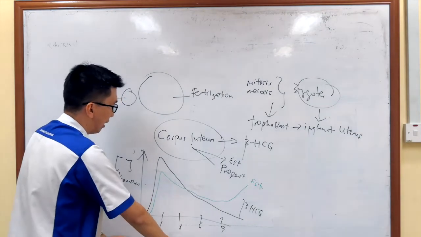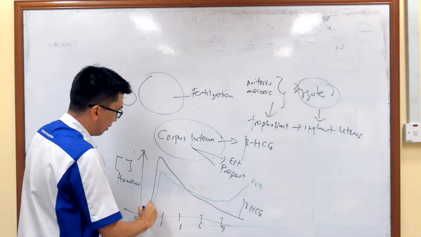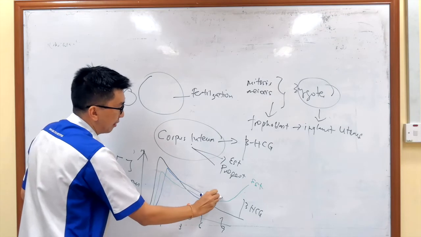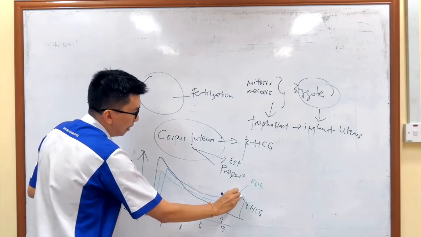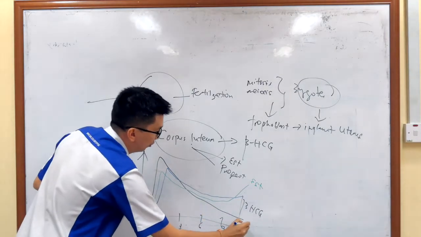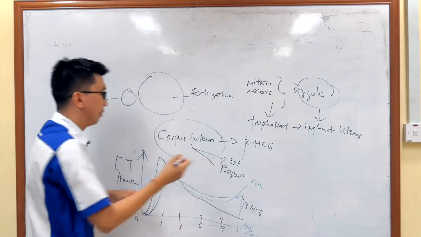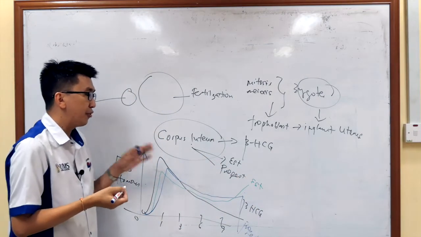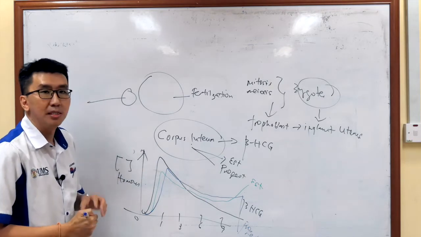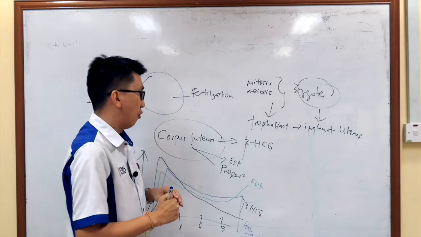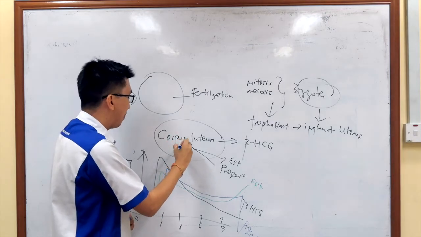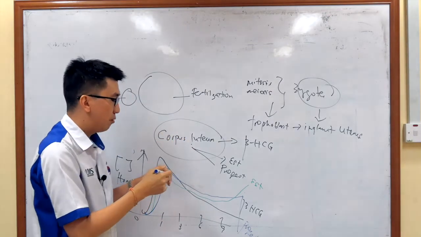The progesterone usually predominates during the first, second and third trimester, but during term pregnancy at the ninth month, it will slowly go down. So progesterone is in blue, estrogen in green, and beta HCG is secreted by the corpus luteum. These are the most important things you should know for now. In the first trimester, during the first month or the seventh week, the corpus luteum will begin its activity.